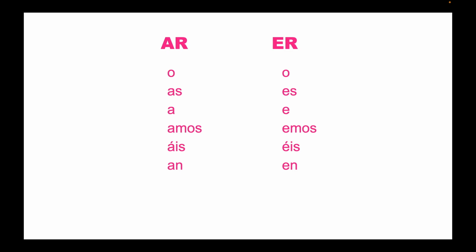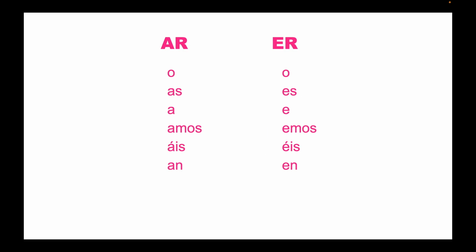Now I'm showing you the endings just by themselves. You should memorize these. They will always appear in this order when showing you the entire conjugation of a verb. The first three are for yo, tú, él, ella, usted. And then the last three are for nosotros, vosotros, ellos, ellas, ustedes.